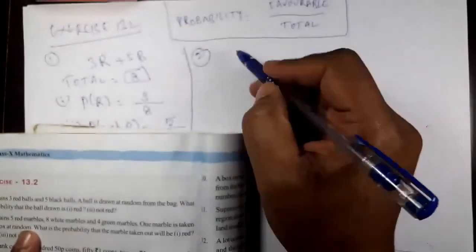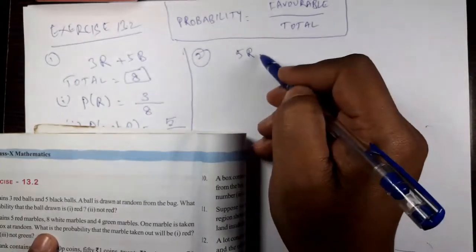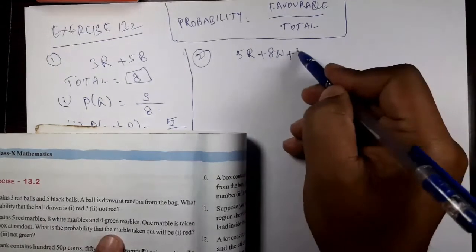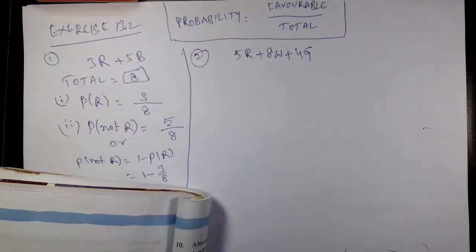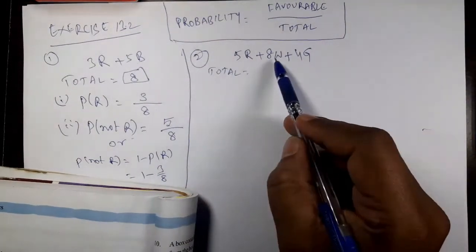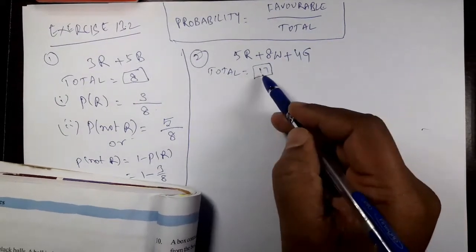Tell me, what does that box contain? 5 red marbles plus 8 white marbles plus 4 green marbles. It has altogether how many marbles? 5 plus 8 is 13, 13 plus 4 is 17 marbles altogether.